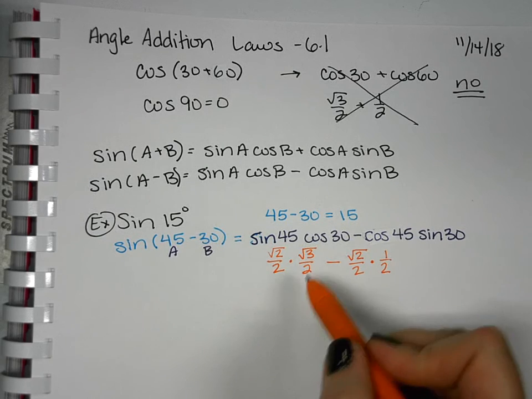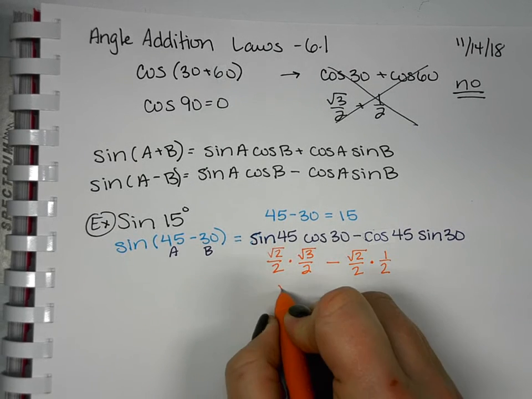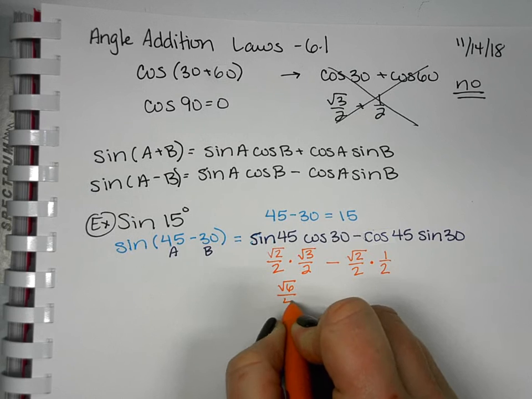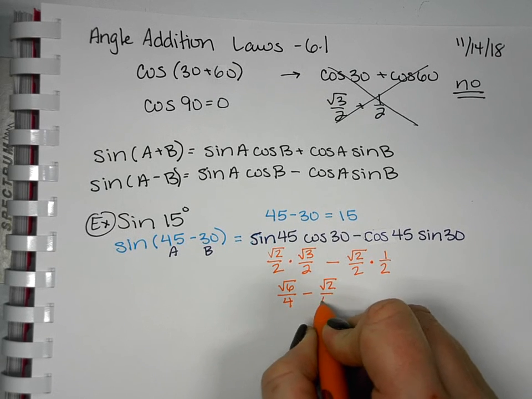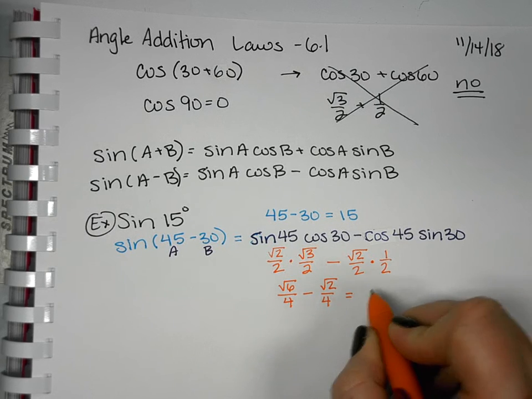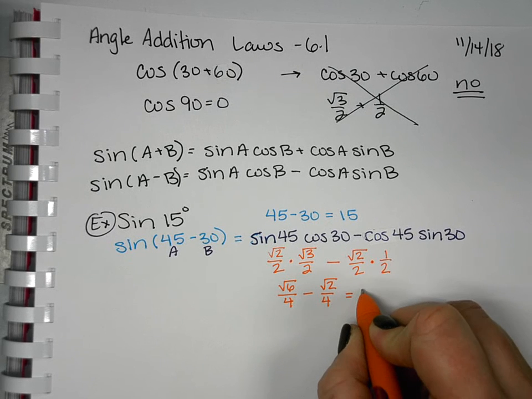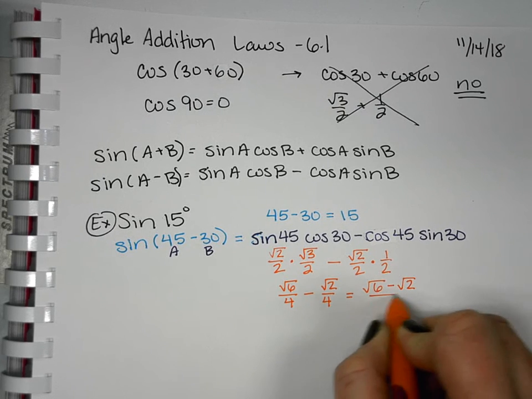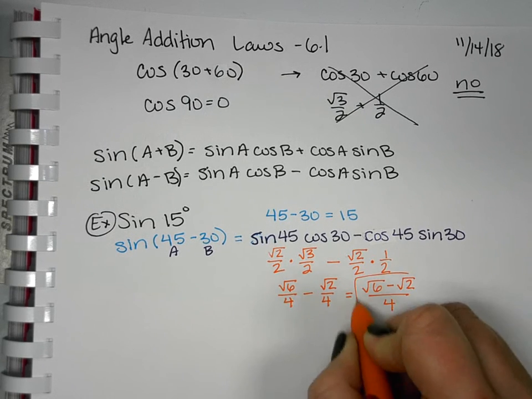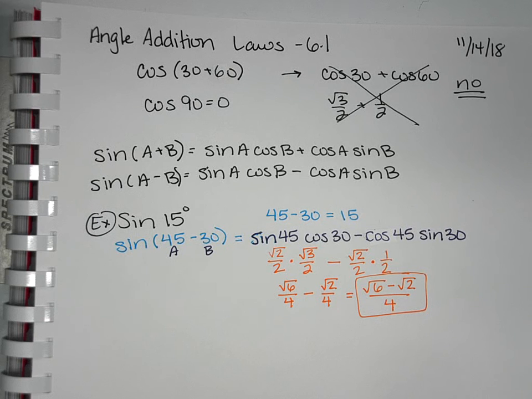Follow our order of operations. We'll multiply and get root 6 over 4. Over here we'll multiply and get root 2 over 4, which we can combine because they already have a common denominator. Root 6 minus root 2 all over 4, and that would be your exact value answer.